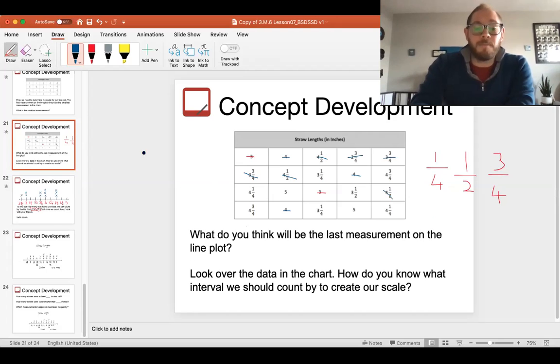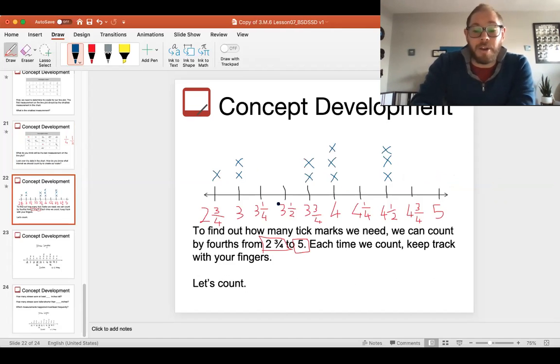Let's go back. 3 1/4. There's 1, 2. So just 2 for that one. So 3 1/4, I'm gonna put 2 X's above that number there. 2 lovely little X's. There we go.